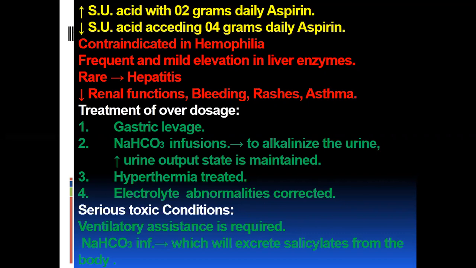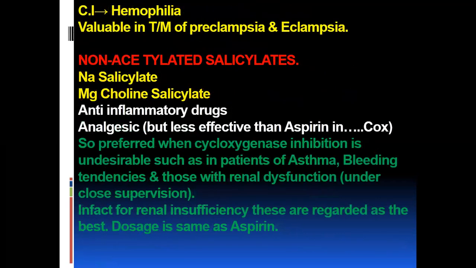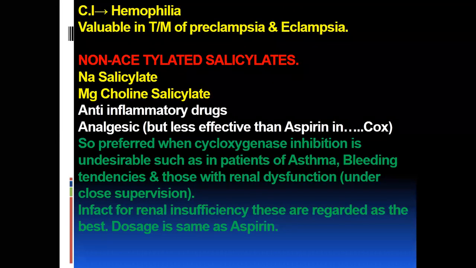And number four, electrolyte abnormalities are corrected. In the case of serious toxic reactions, ventilatory assistance is required. Sodium bicarbonate infusion will excrete salicylate from the body. Contraindicated in the cases of hemophilia and valuable in the treatment of preeclampsia and eclampsia.